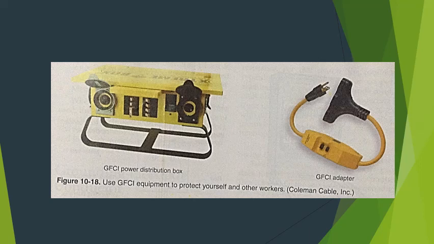Weatherproof devices and housings should be used wherever there is dampness or exposure to weather. Locking type plugs and connectors should be used on power ends. And temporary wiring should be inspected frequently for damage.